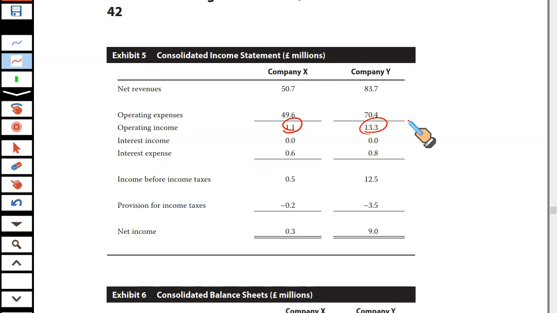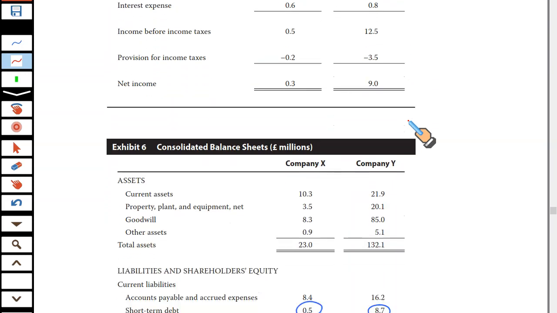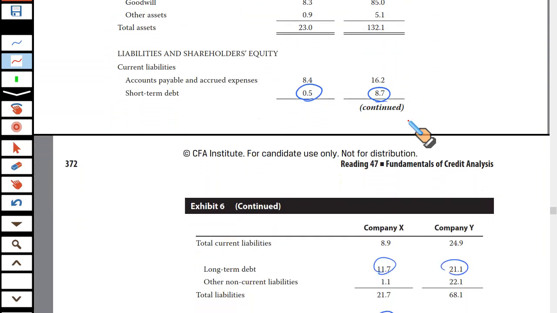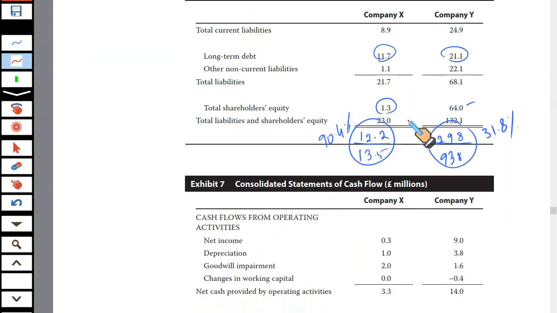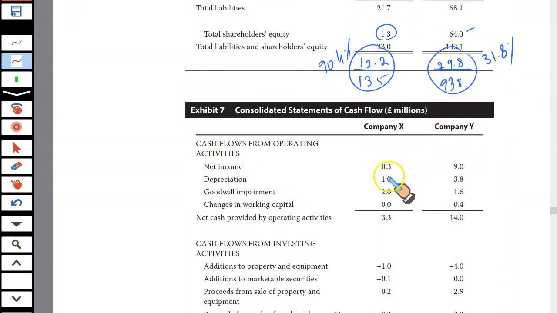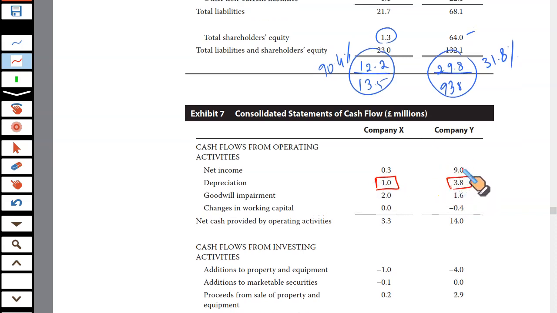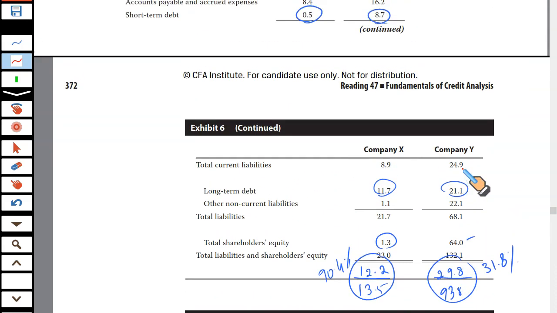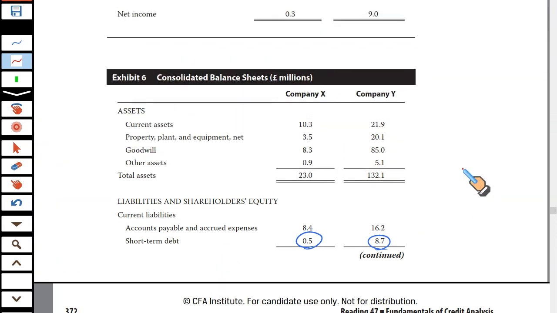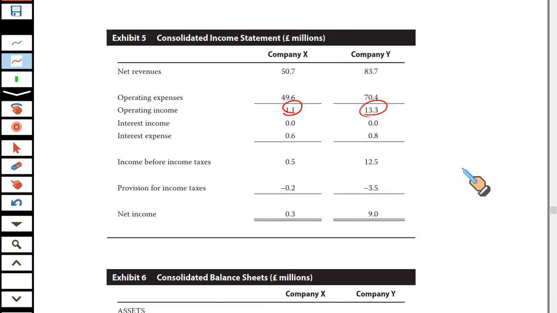So let's see what we have for depreciation. Of course it would be given in the cash flow statement, and the cash flow statement is given right here. Depreciation for X is 1 and for Y 3.8. So adding these two will give us EBITDA. So 1.1 plus 1 and 13.3 plus 3.8.